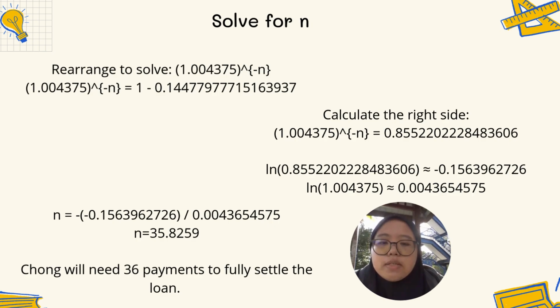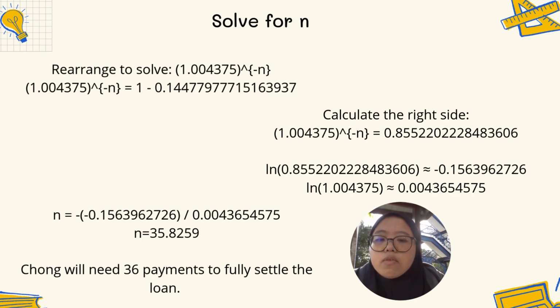Next, calculate the right side. In bracket 1.004375 power of negative n equals 0.85522022284837.